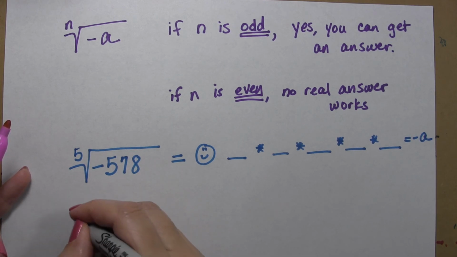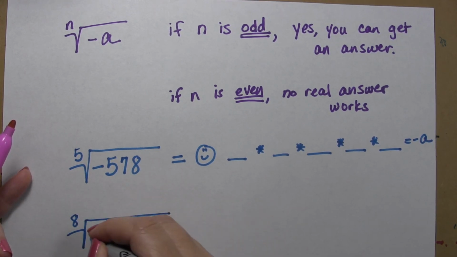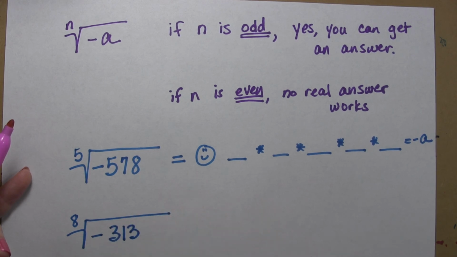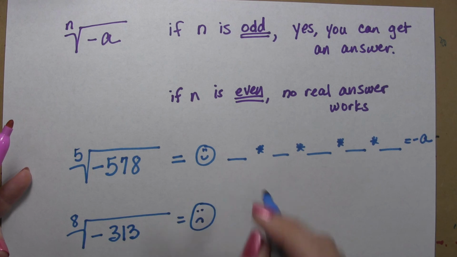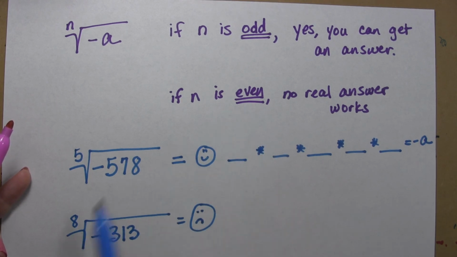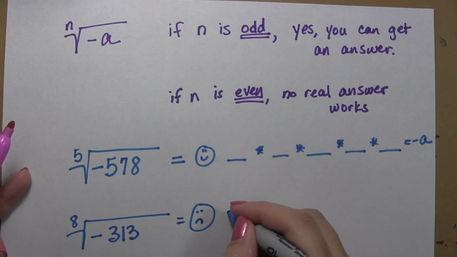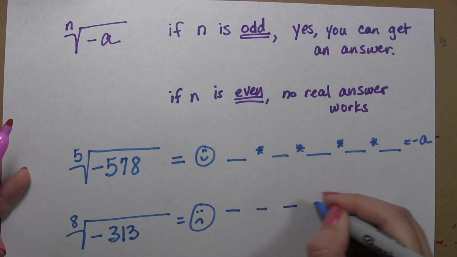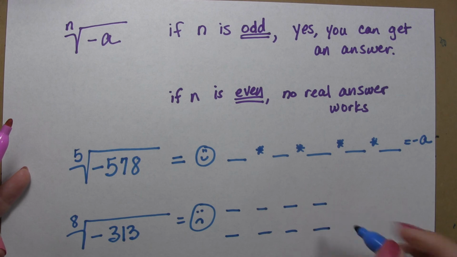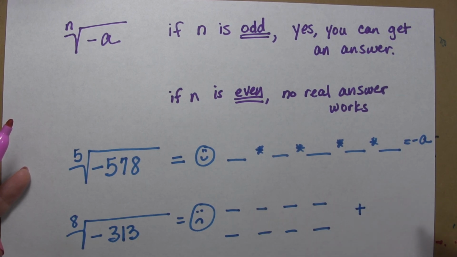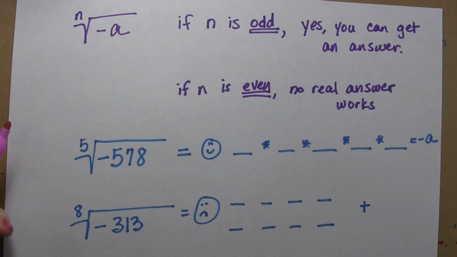What if I asked you for the eighth root of negative 313? Could you do that? No, you could not, because here your n is even, which means that all of your blanks, 2, 3, 4, 5, 6, 7, 8, will pair up and the whole thing will give you a positive answer, which is not what we want.